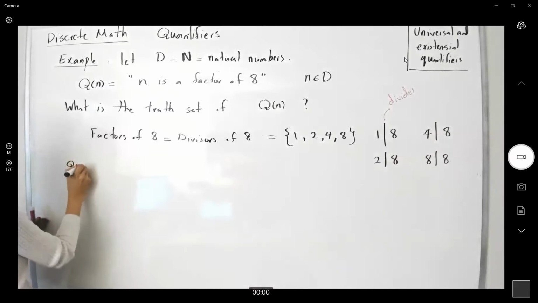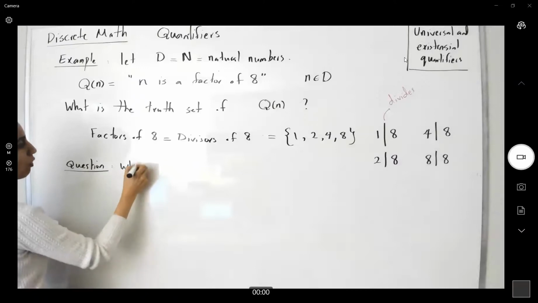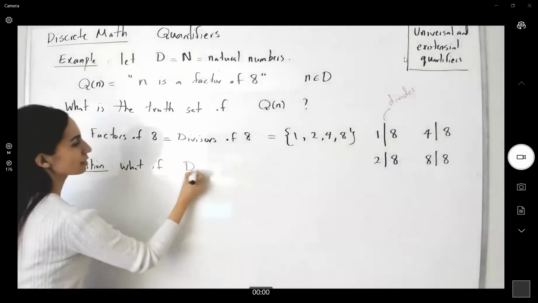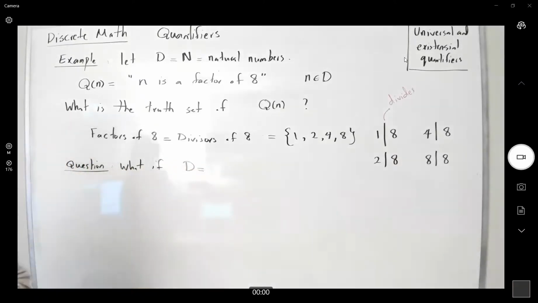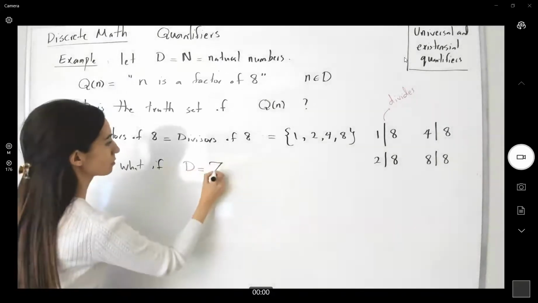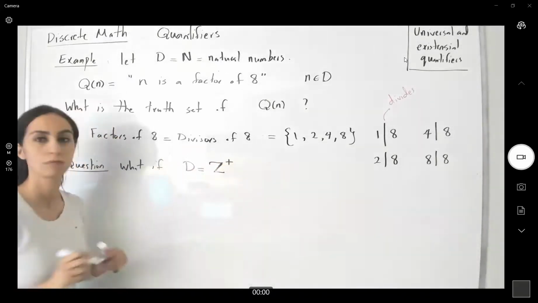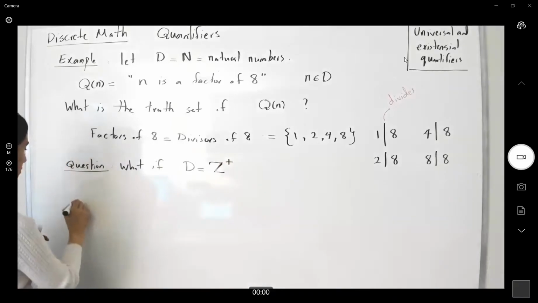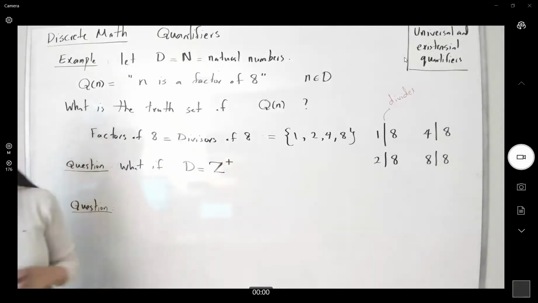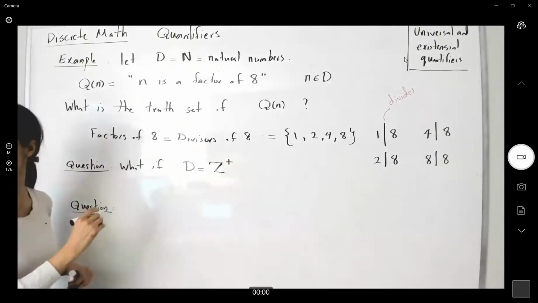So here's a question. What if the domain is equal to positive integers? What if the domain is Z?